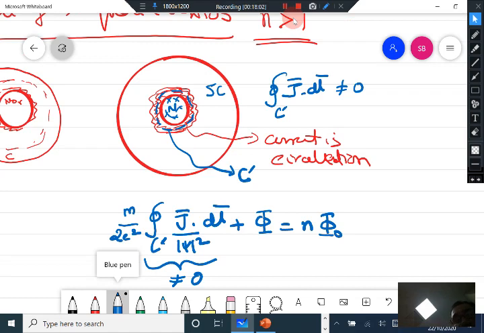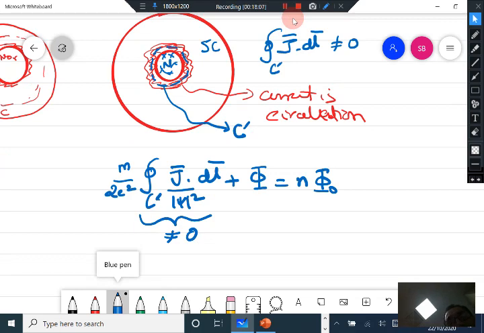Earlier we had taken it equal to 0, so that you get flux phi equal to n times phi naught, but there is a contribution. If you take this sort of a contour, then you will have a slightly different relation if you are considering the region very close to the vortex. So these are different situations that one can encounter.